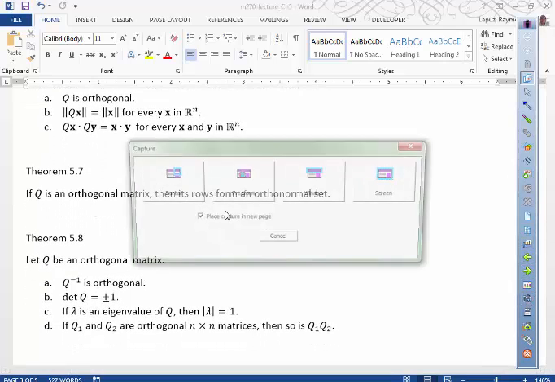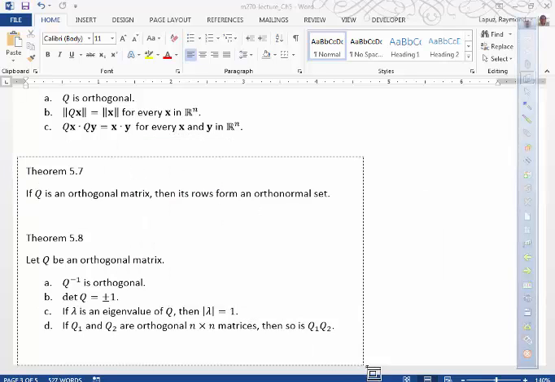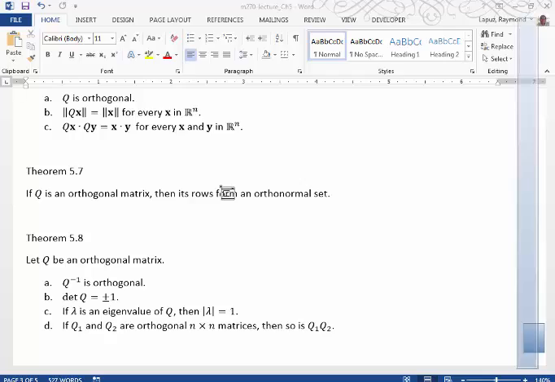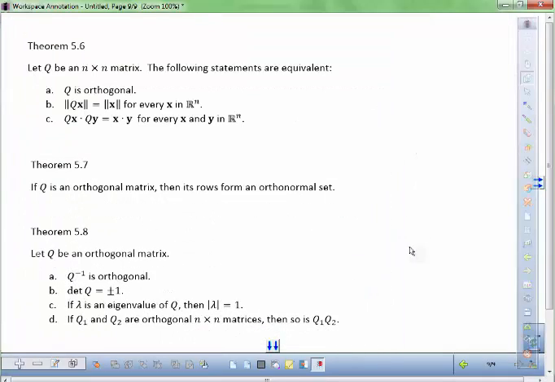So here are a couple more theorems. If Q is an orthogonal matrix, then its rows form an orthonormal set as well. So not just the columns, but also the rows form an orthonormal set.